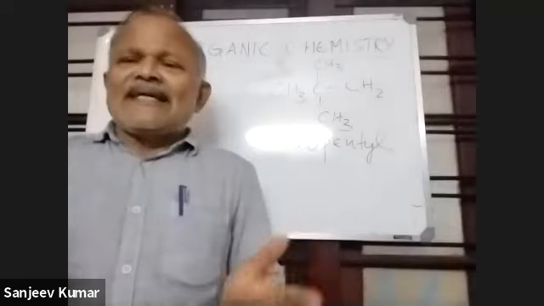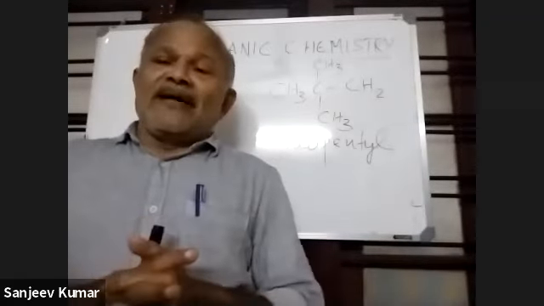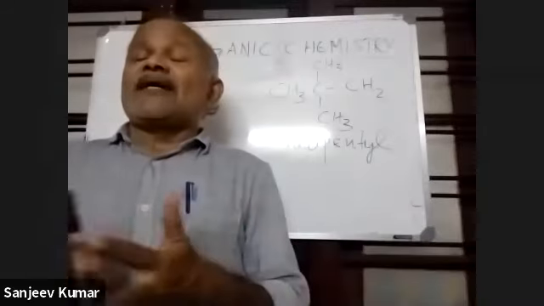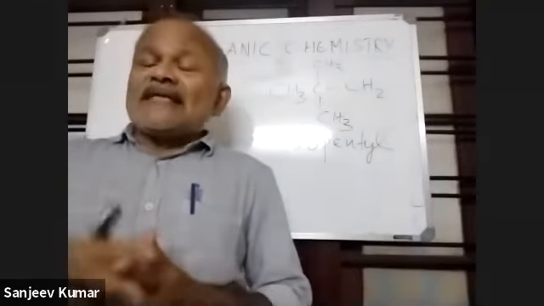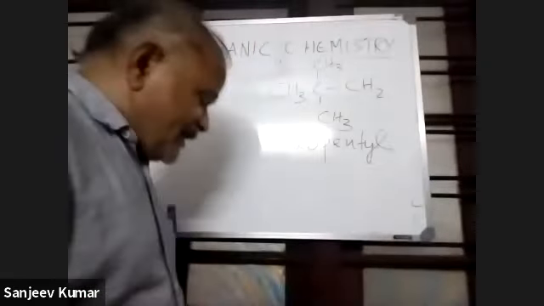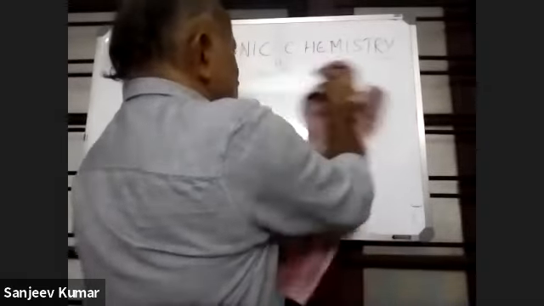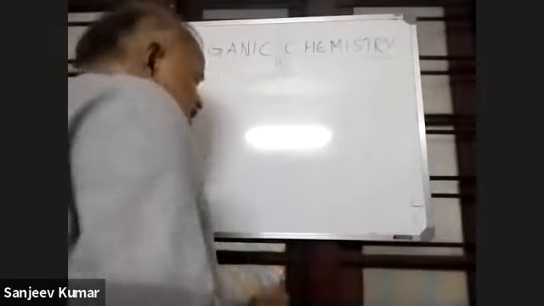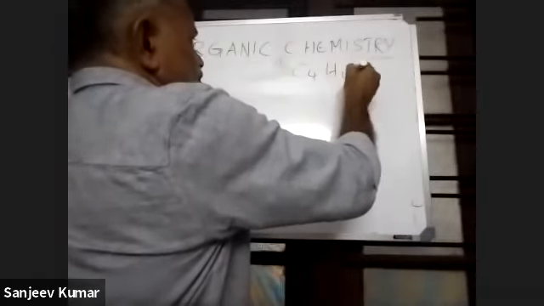Similarly, there is only one compound with one molecular formula. But in the case of organic chemistry, there is more than one compound with the same molecular formula. For example, in the case of a compound with molecular formula C4H10O.